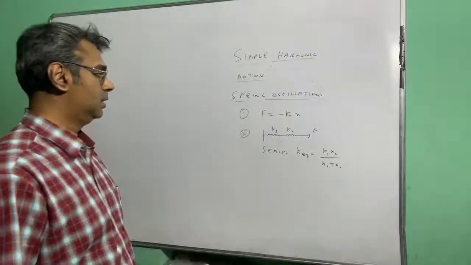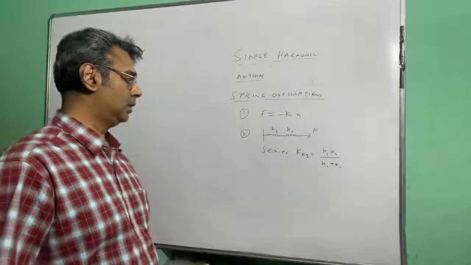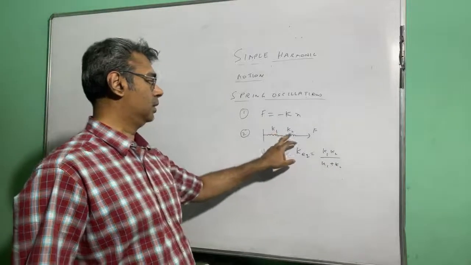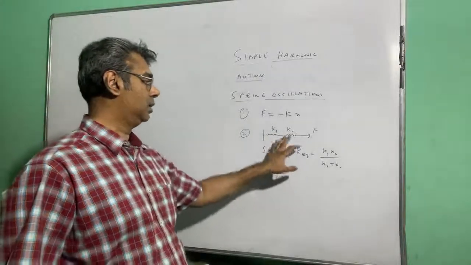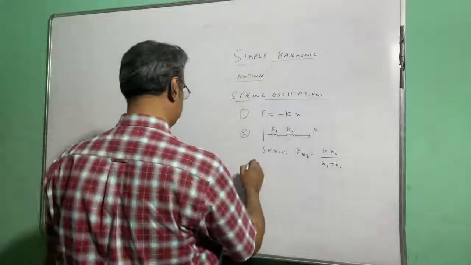In that case, the equivalent spring constant is K1 into K2 by K1 plus K2. So if one spring has constant K1 and the other has constant K2, the equivalent spring constant of both will be K1 into K2 by K1 plus K2.